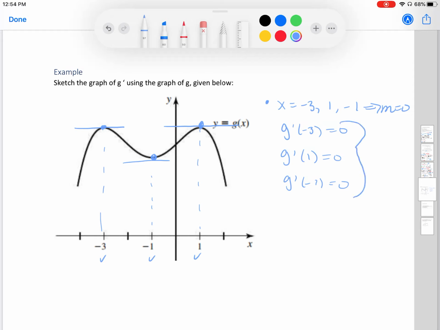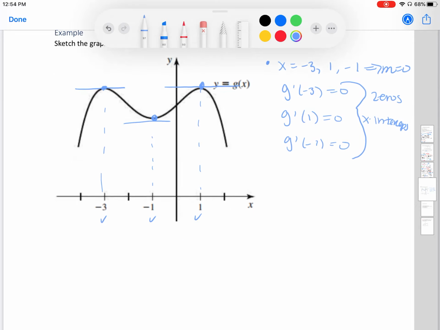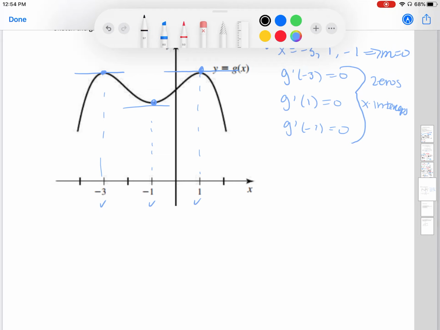So if we were to graph this, think of your college algebra experience. This is your zeros, which are also your x-intercepts. So if we're graphing our derivative, we have zeros at -3, we have zeros at -1, and at 1.